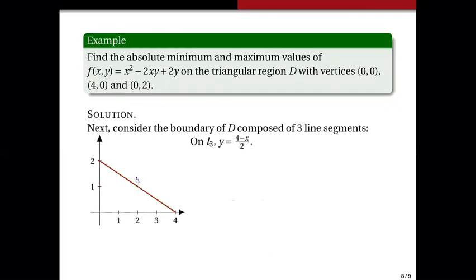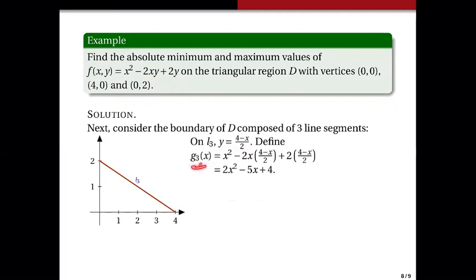And then on the line L3, you have this equation, y equals 4 minus x over 2. That's the same equation that I wrote earlier. So you define your g sub 3 by this. You substitute your y on the y's in here.